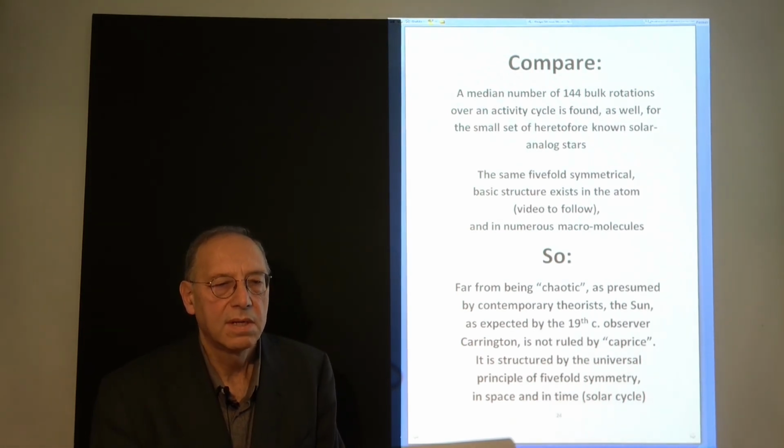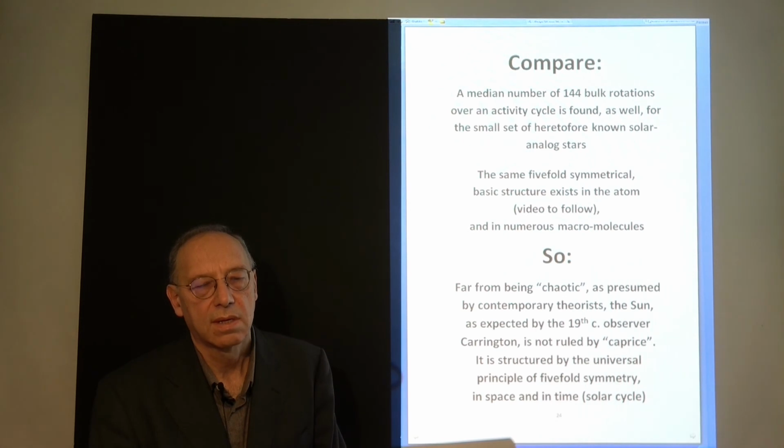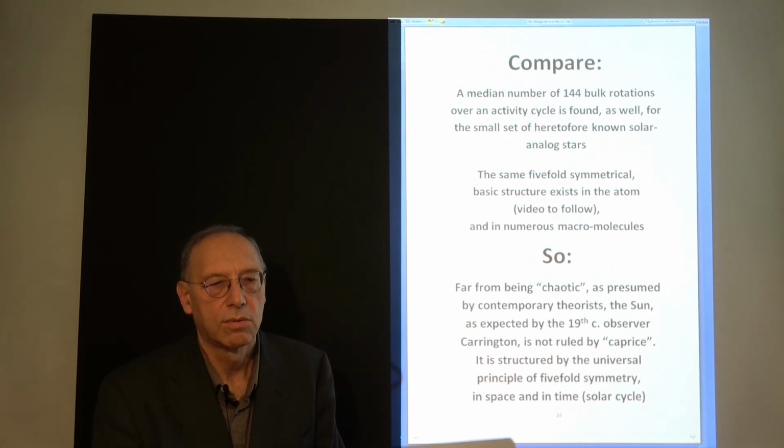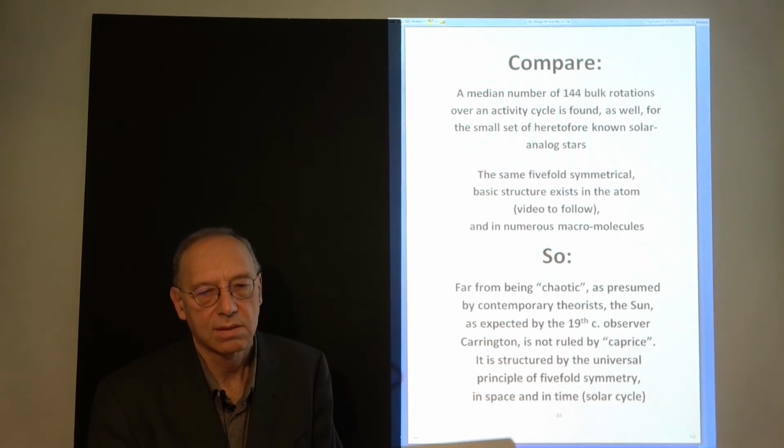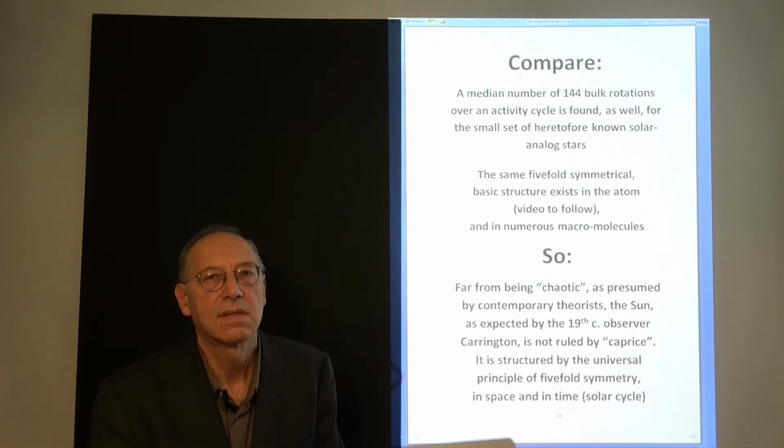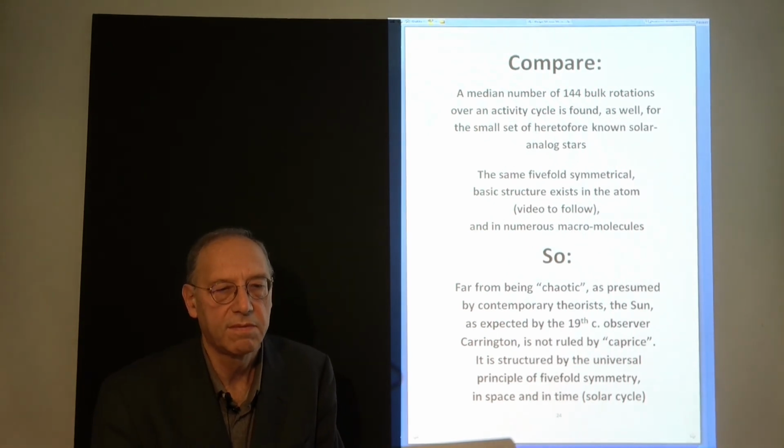And the finding that is proposed today and is understandable to all is what was expected by the 19th century British observer Carrington, who said that it is not realistic to expect that the Sun is ruled by caprice. In fact, it seems that the Sun is structured by a universal principle of the beautiful fivefold symmetry, both in space and in time.